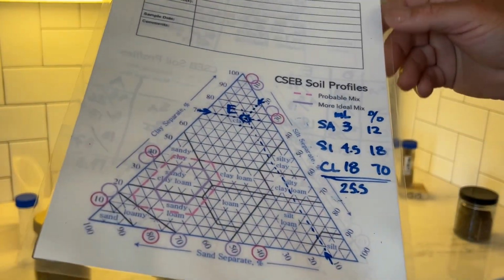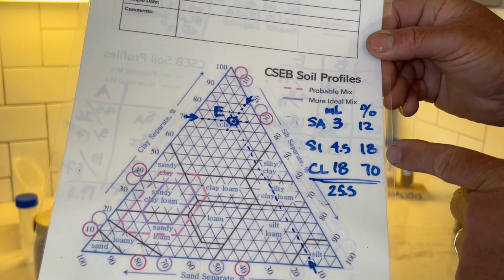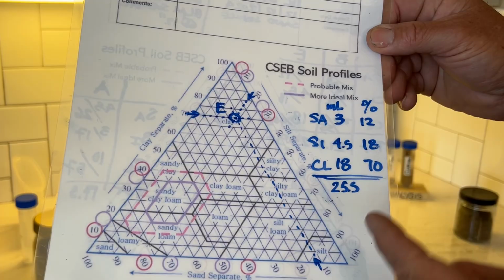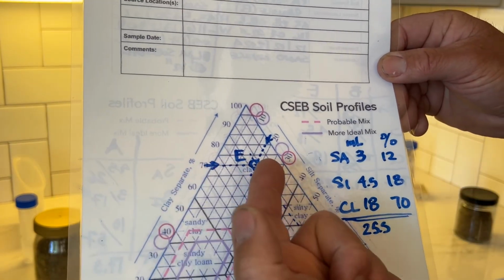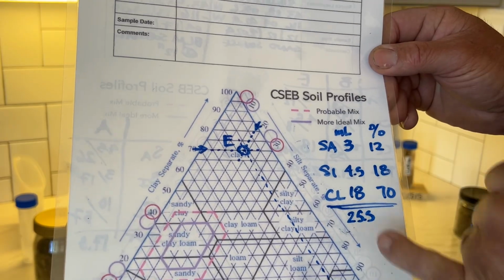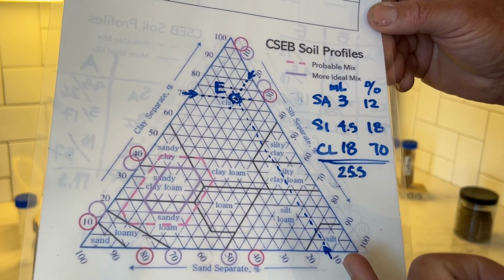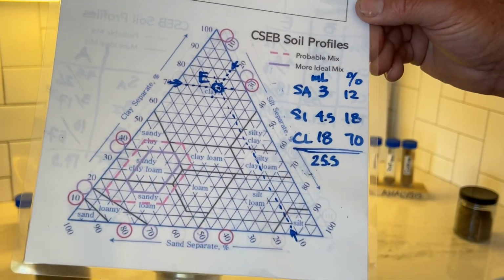In this example, sample E is 12% sand, 18% silt, 70% clay, and then we can map that onto the soil texture chart.